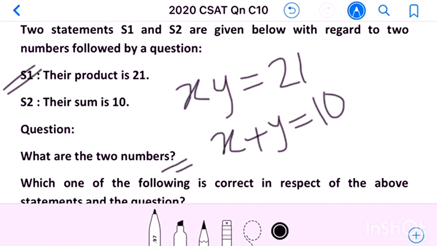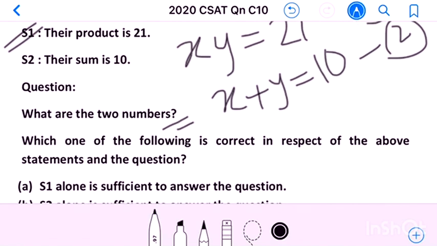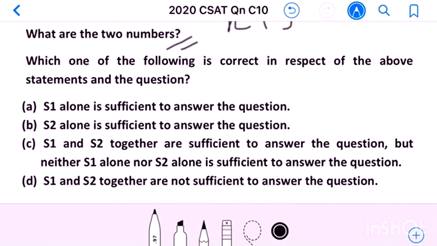So by solving these two equations, we can find unique values for x and y. So we can say S1 and S2 together are sufficient to answer the question, but neither S1 alone nor S2 alone is sufficient to answer this question. Option C is our answer.